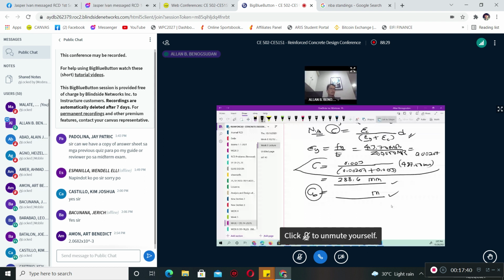Pareho lang? Obvious, is this the same? Yes? So, kindly solve this. 0.003 divided by the sum of this. Nati, tulungan mo si obvious. Natividad, are you there? 8.46 po.